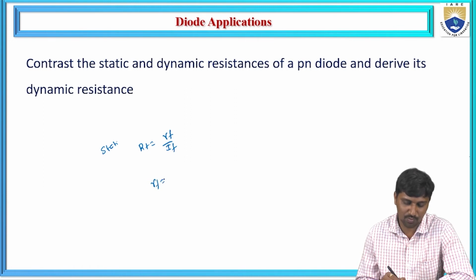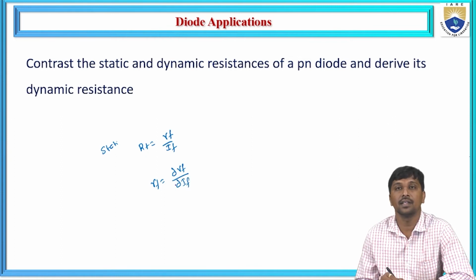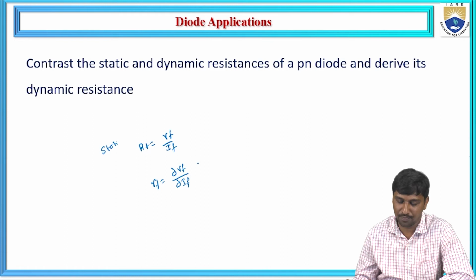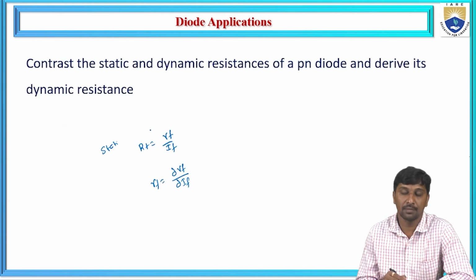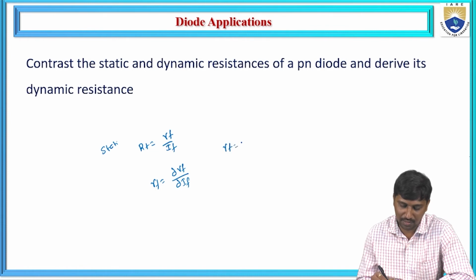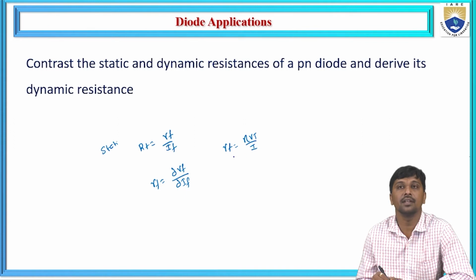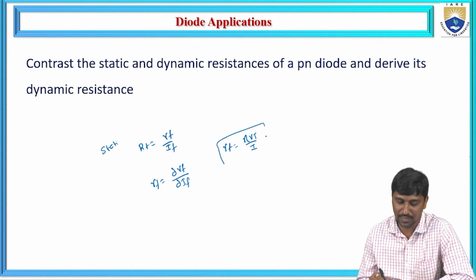It is represented as small rf. Here this is defined as the rate of change of voltage to the rate of change of diode forward current. So hence it is defined as dou Vf by dou If. Then the derivation gives that this is equal to eta times Vt by I. Just refer to the diode resistances video to derive this expression.